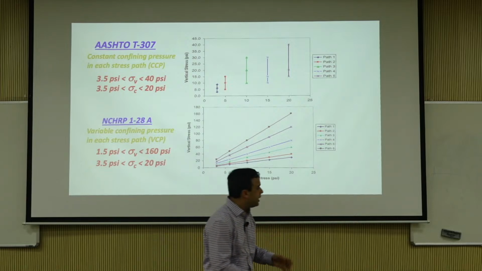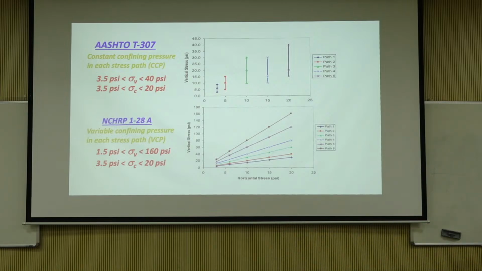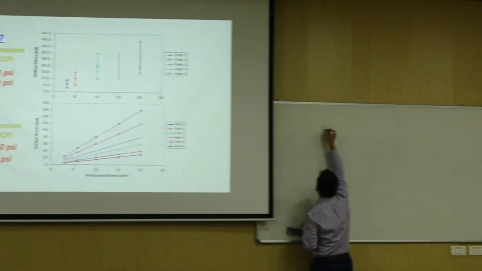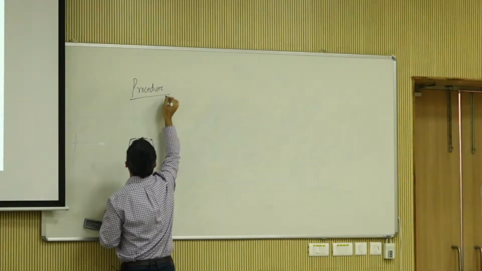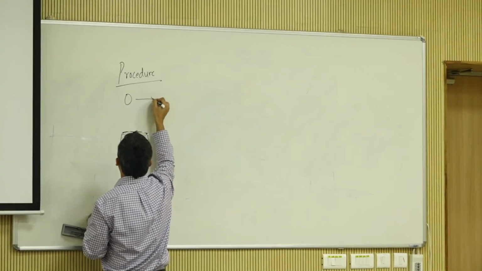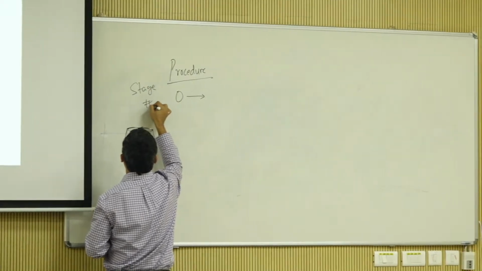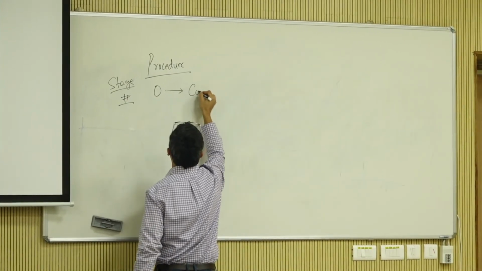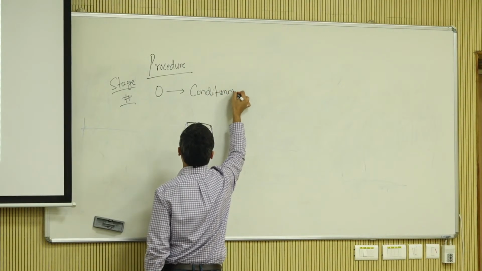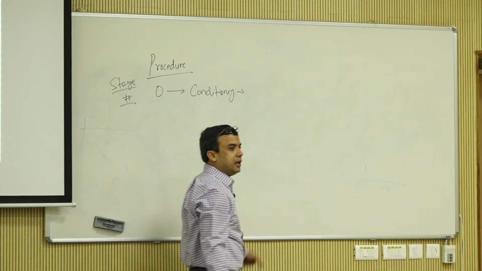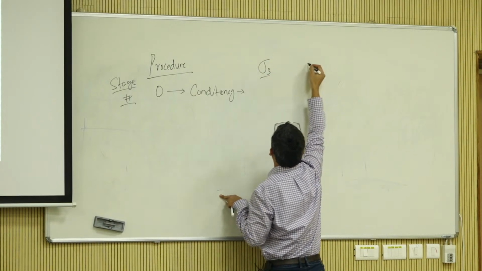Okay, so let's go over the procedure first, because otherwise this is going to be difficult for you to understand. In the procedure, you have stage 0, and we are going to call it conditioning. Usually it will have some sigma 3 and some sigma d.